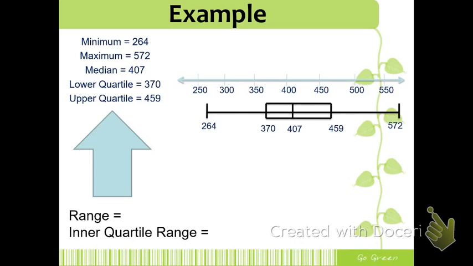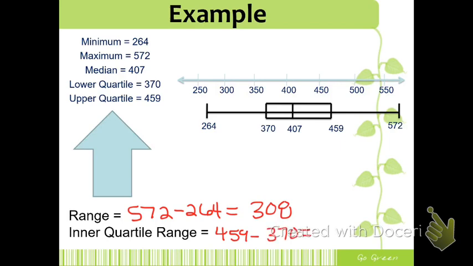So in our list, the maximum, or the largest value, is 572 minus 264, which is a range of 308. Then the IQR, that's the third quartile minus the first quartile. So my interquartile range is 89.